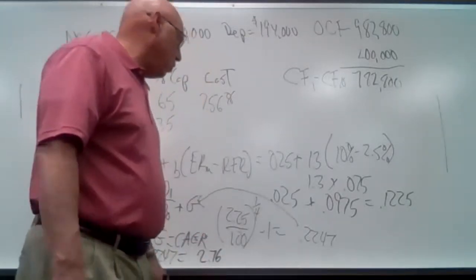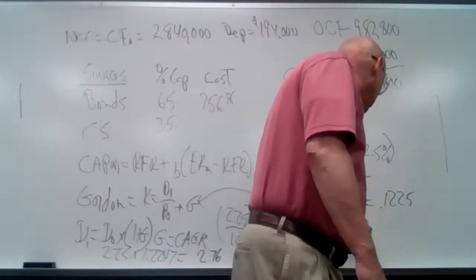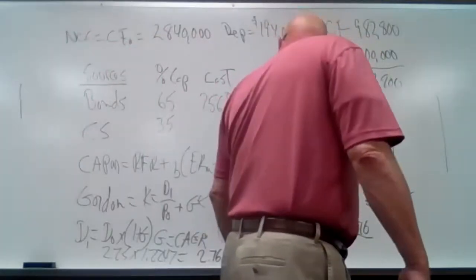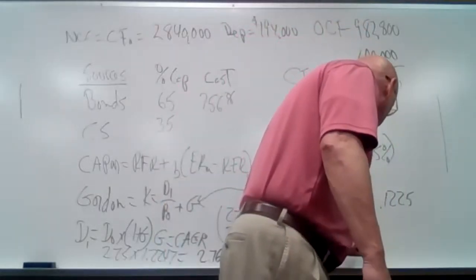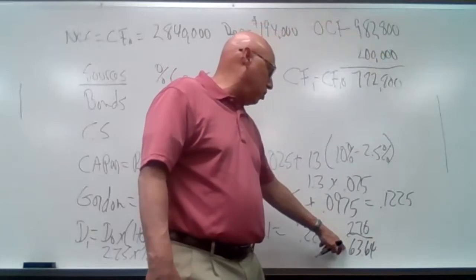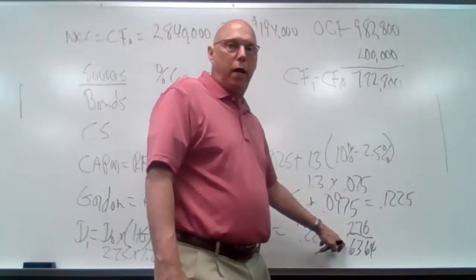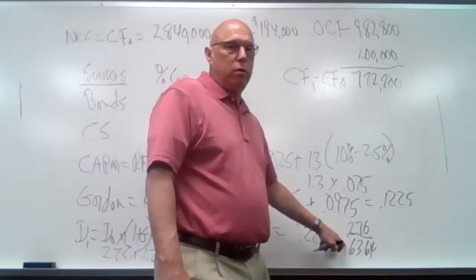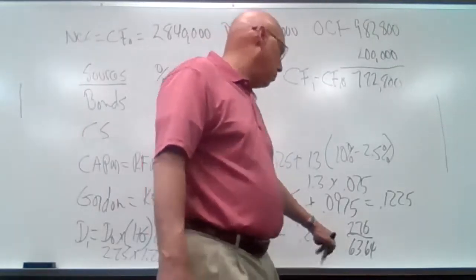2.76. So K is 2.76, D1, divided by P0, which is 63.64. And what is that? 2.76 divided by 63.64. What does that represent? D1 over P0 equals what? Not the number. Dividend yield. Dividend yield. Okay.